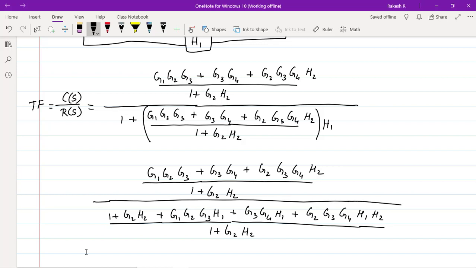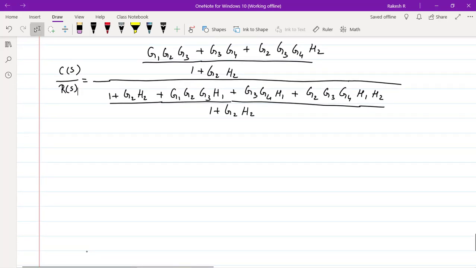This is C of S divided by R of S here. Right. Now you can see these two can be cancelled out here. Remaining is C of S divided by R of S here.